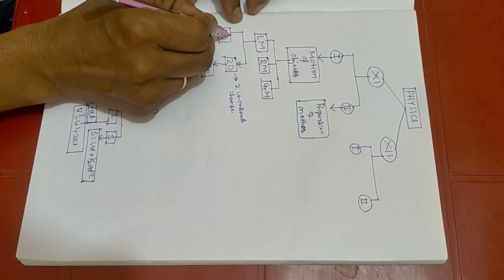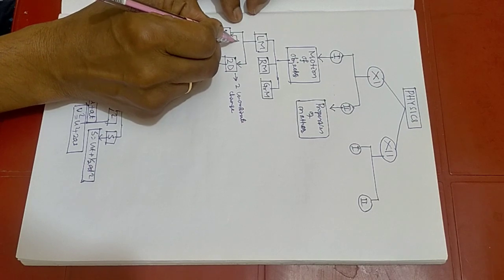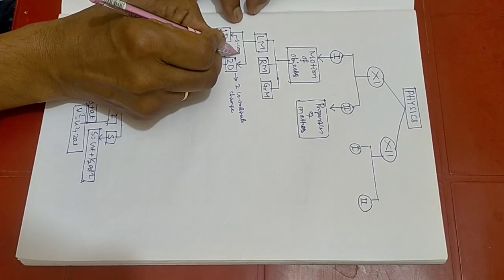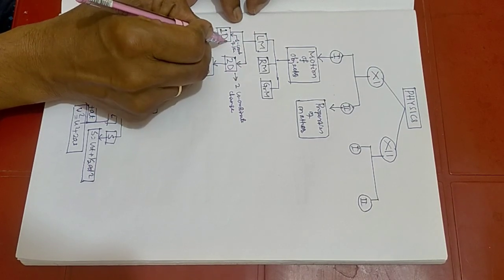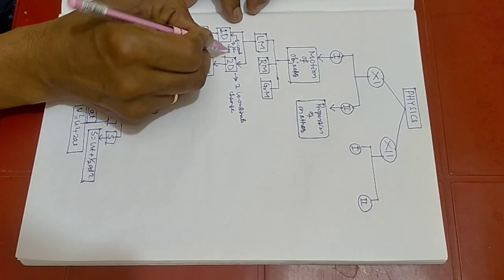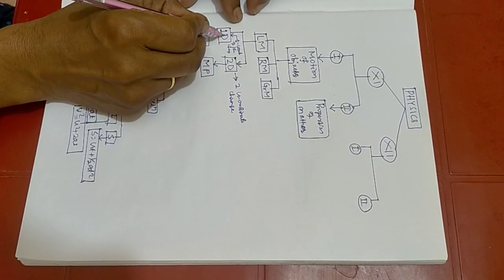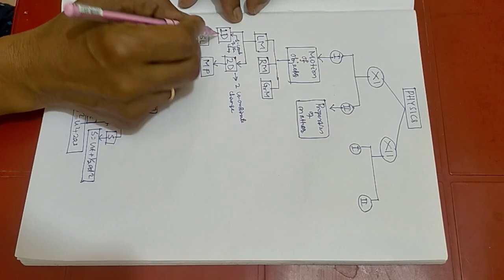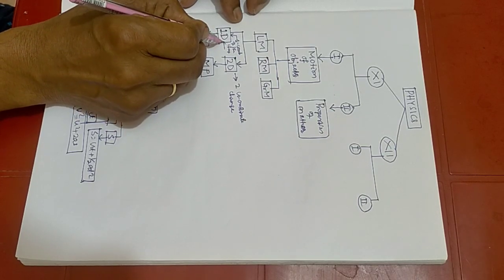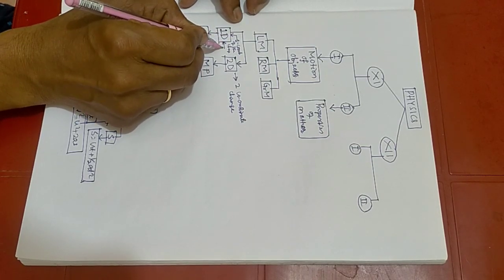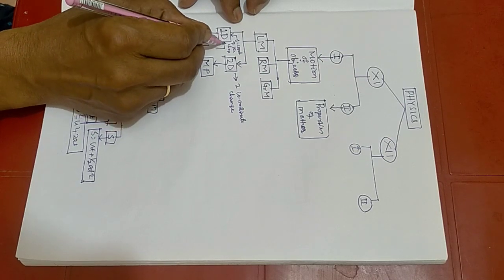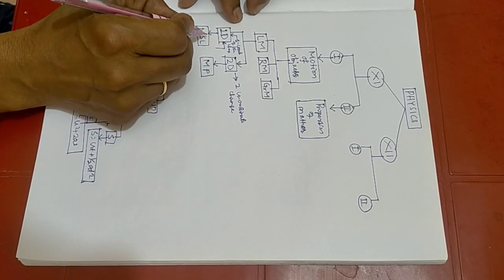Whereas in one dimension, one coordinate of the object changes, and in this one coordinate we use only one axis, and that axis is along the motion of the object.